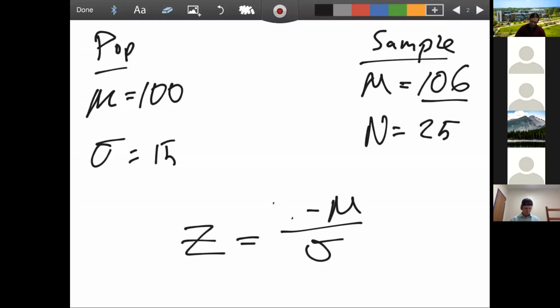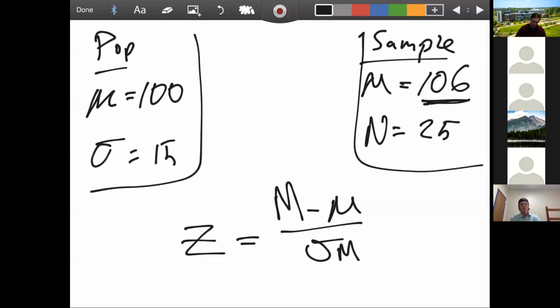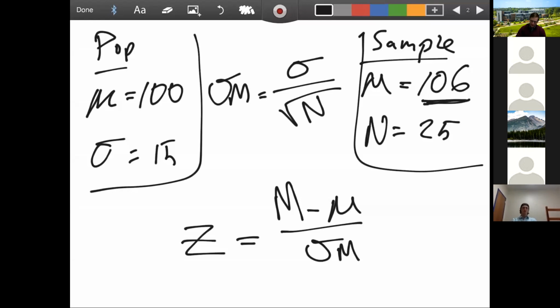However, for samples, when we're using the distribution of means, instead of X, it's going to be the mean, right? Because this is going to be our single point value, minus the population mean. And then instead of standard deviation, it's going to be standard error, right? And if you all remember, the equation for standard error is just the standard deviation over the square root of n, right?